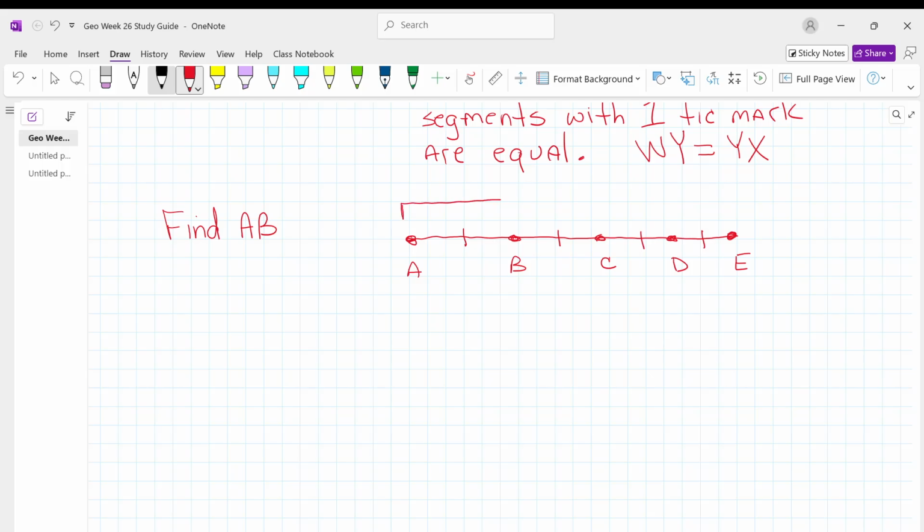And this overall distance is 20. So we have 4 equal segments that sum to 20. So AB is going to be equal to 20 divided by 4. And 20 divided by 4 is equal to 5.